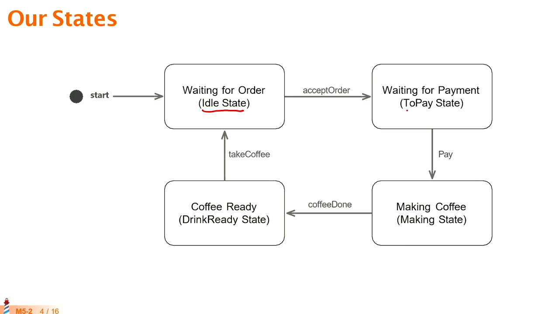The machine will stay in this to-pay state until we pay enough money, and then it will start making coffee. It will continue making coffee until it ends, changing its state to coffee ready. As we see, we have 4 states, and the machine will be moving through these states during all its life.